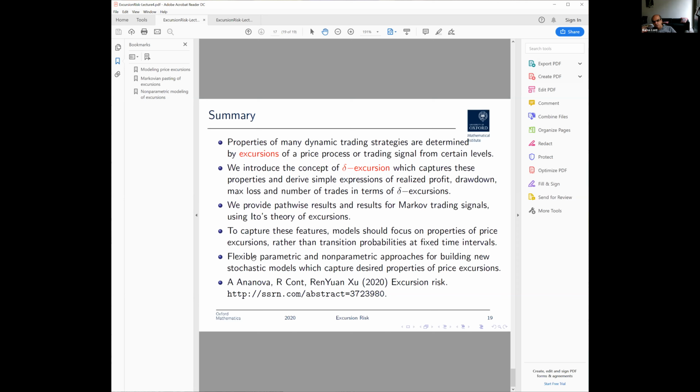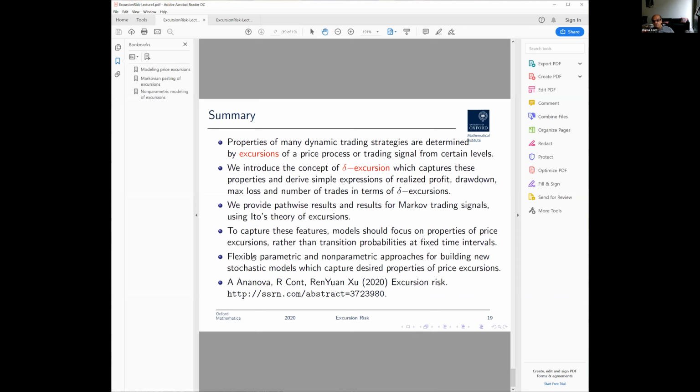And I tried to argue through all these examples that what we want to model for these applications is really the properties of delta excursions rather than an infinitesimal description of the process or transition probabilities at fixed times, say daily returns or hourly returns, which are the traditional focus of econometric modeling.